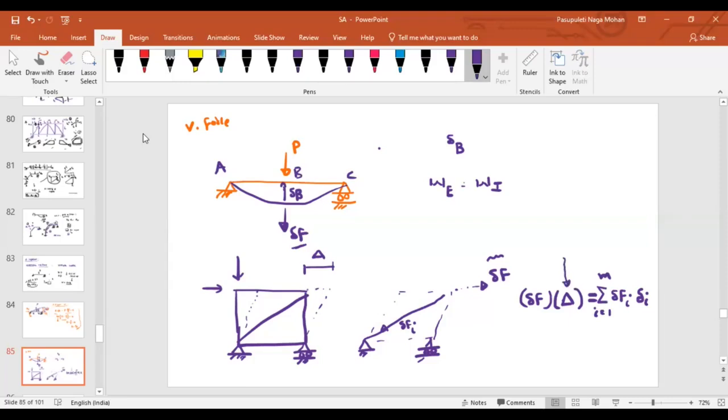Our required quantity is delta, so delta will go to the other side. This virtual force can be of any amount, so for simplification we can treat it as 1. So if you want to find the deflection at any point in a truss, I can say it is the summation i equal to 1 to m of capital Fi, the forces in each member due to the virtual unit force, corresponding to the delta i.